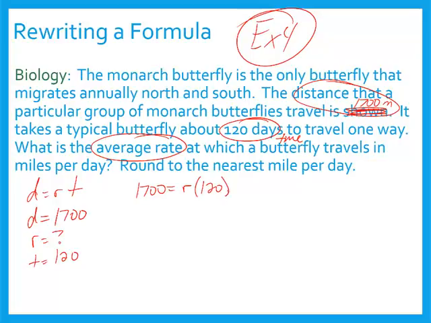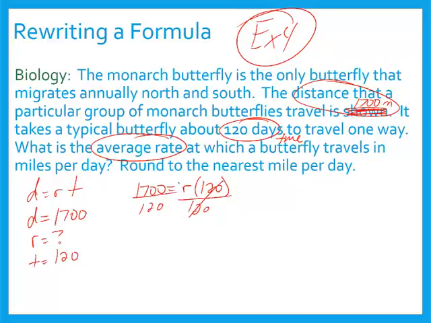Very easy, one step. We need to divide because we have r times 120. The inverse operation of multiplication is division. So we divide by 120 to get rid of it.